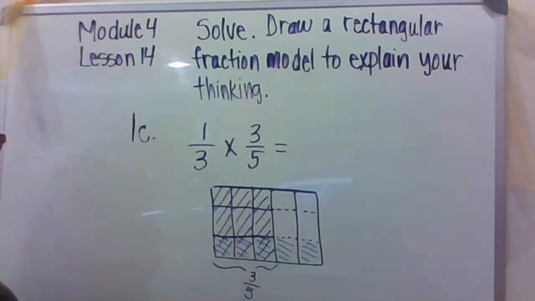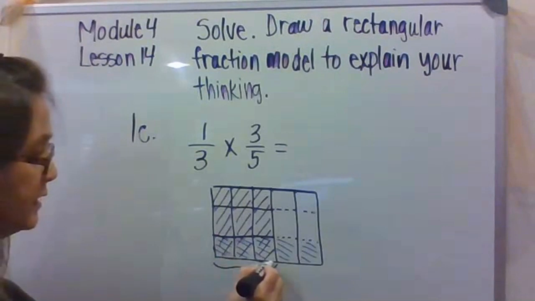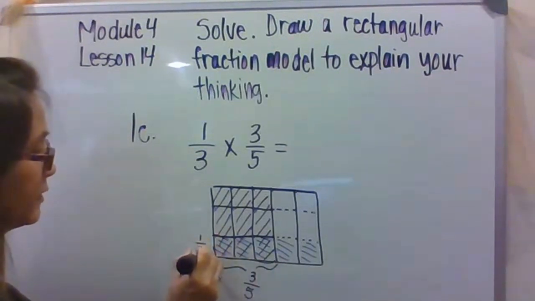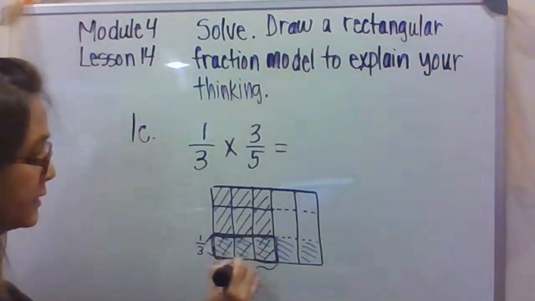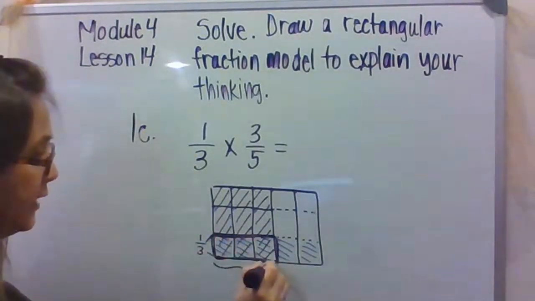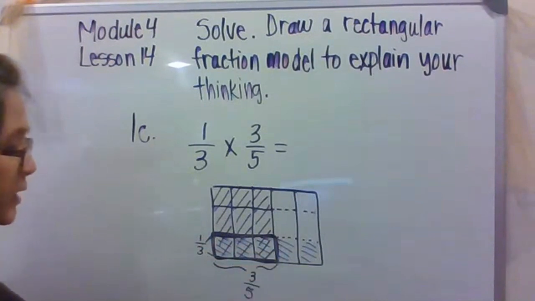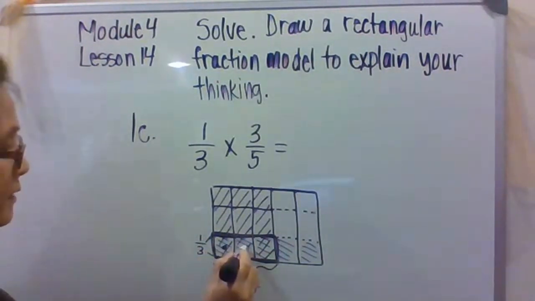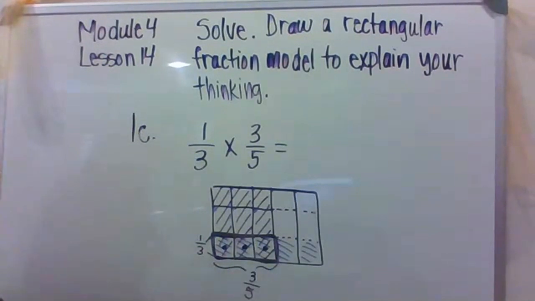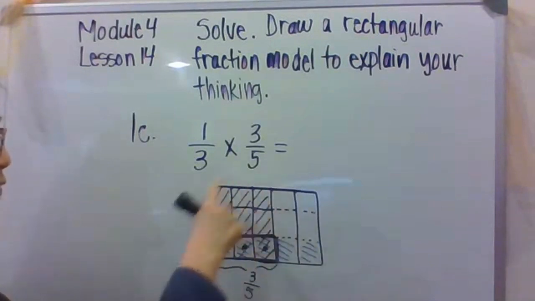Okay, now you're looking at just what's highlighted, both colors or with both lines. And you can see your answer. Oops, I forgot to label this. This is my 1/3. So I can see my answer lies right here because I see the blue with the black, or my cross-hatching lines going both directions. So I see 1, 2, 3. So my answer should be 3 out of how many total pieces?